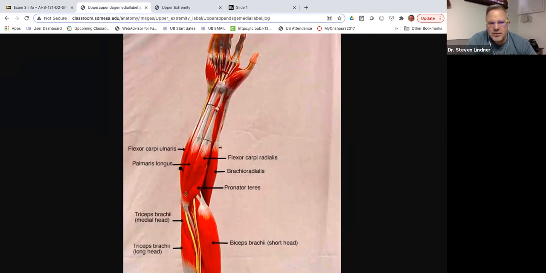So this group of muscles right here, the Pronator Teres, the Flexor Carpi Radialis, Palmaris Longus, and Flexor Carpi Ulnaris originate off of the medial epicondyle. So if you were to place your left hand along the right medial epicondyle, and you flex and pump your fingers, you're going to feel movement right there along the medial epicondyle.